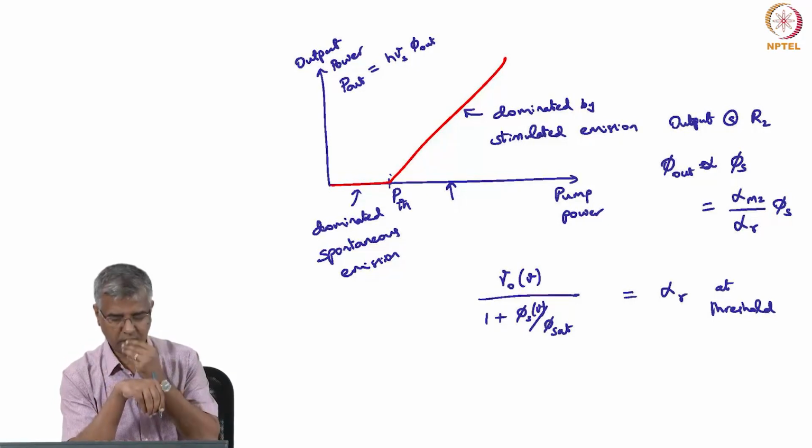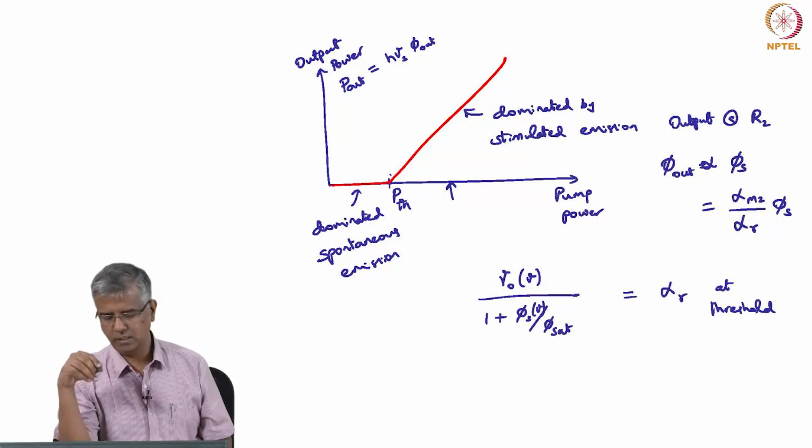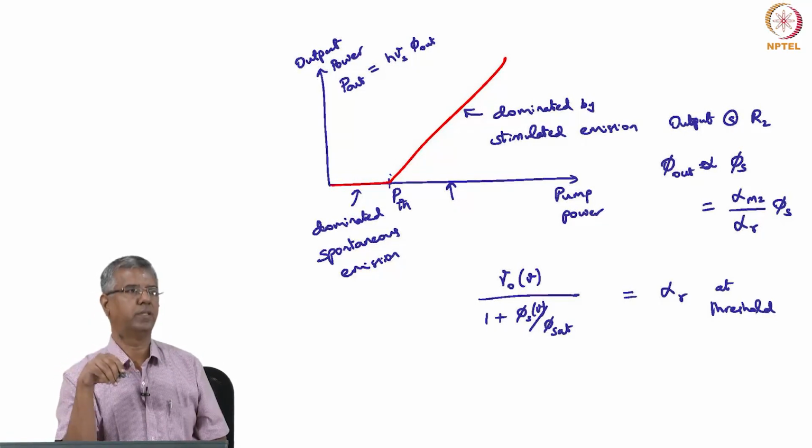And the rate at which the photons are escaping is not the same as the signal photons within the cavity.